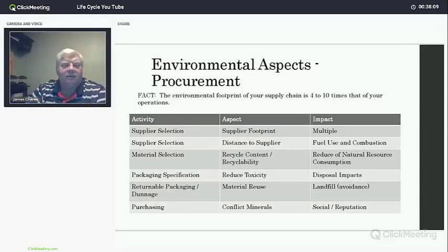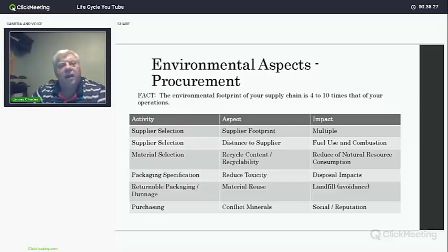So one of the activities that your purchasing department does is you select suppliers. You select new suppliers. Well, when you select that supplier, you kind of inherit their footprint on the product that they're sending you.